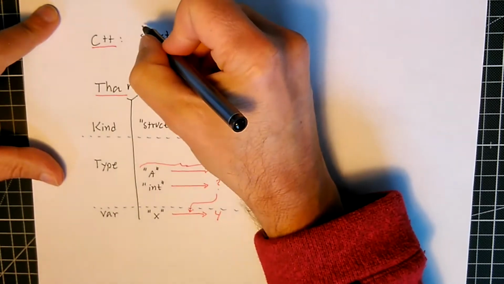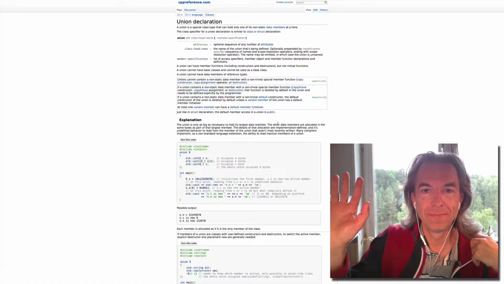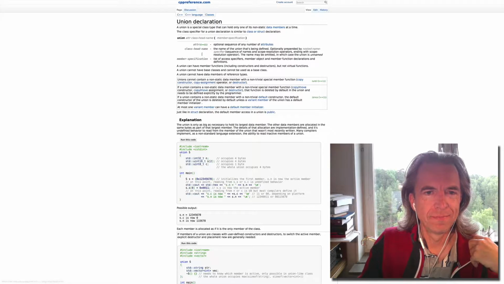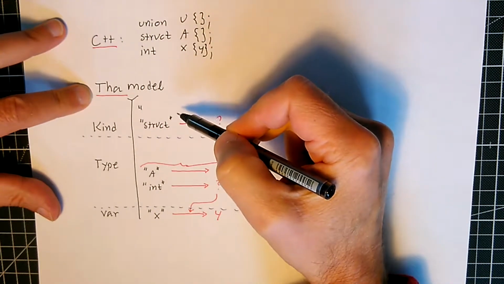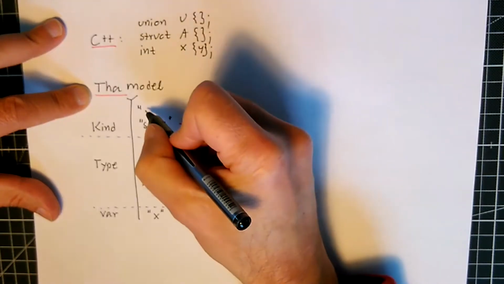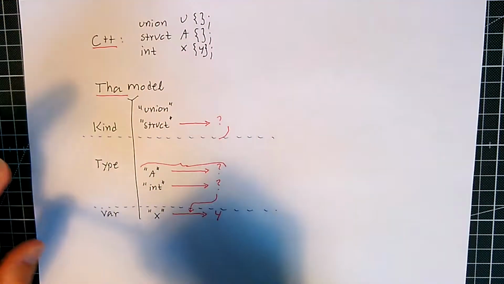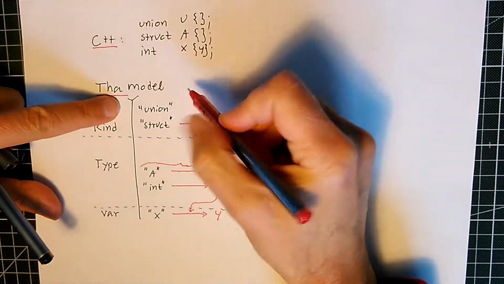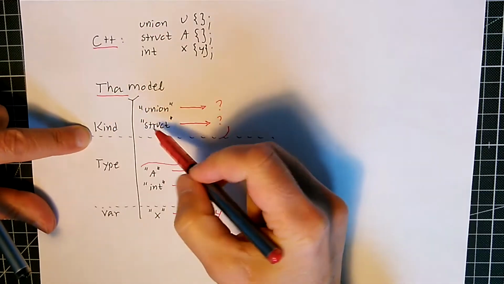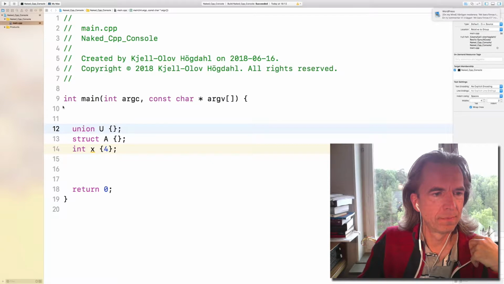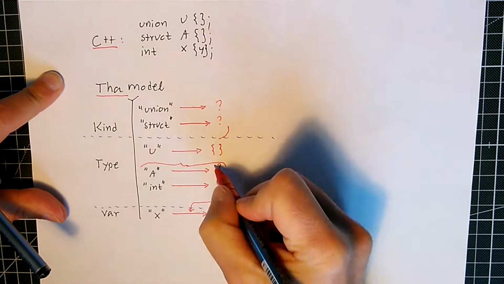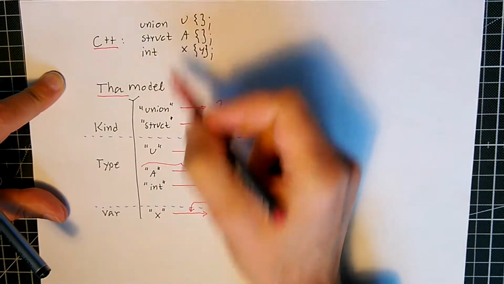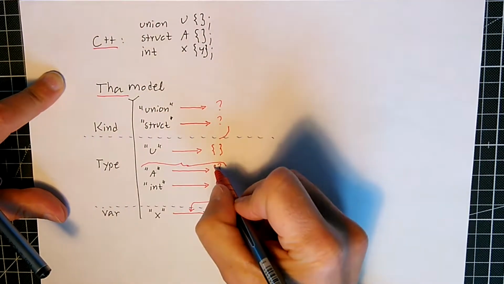Today we're going to add union. And just very briefly, we'll repeat this modeling in tar, and says that union is in fact an operator with this name. It exists on the kind layer, it's tied to something here, and that something creates this U type that is both the type U, the union, and the type A, the struct, is empty.